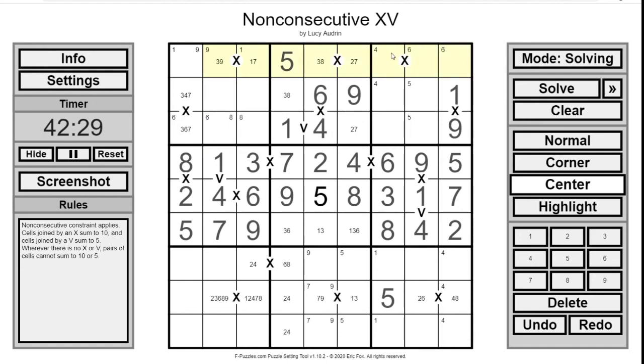Let's look at this last one. So we got the 4, 6, which is the classic. Could be 2, 8, if it was arranged like that. Could be 3, 7.